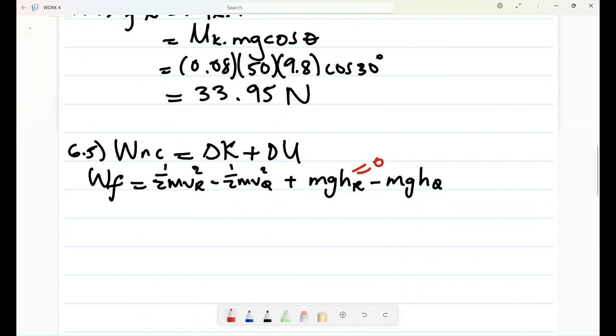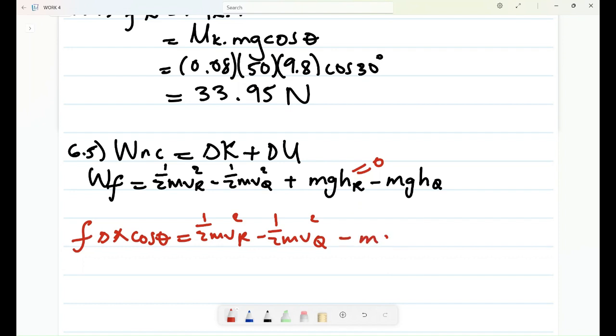So work done by friction is going to be friction times change in x times cosine of my angle, which is equal to half mv squared at R minus half mv squared at Q minus mgh at Q. Look, I'm ignoring mgh at R because its height is 0.